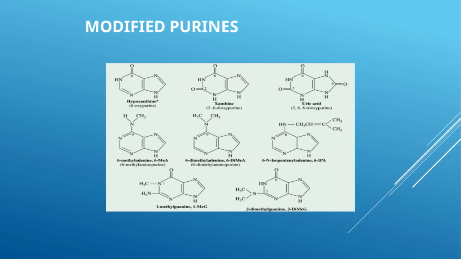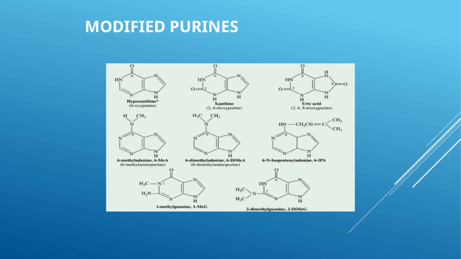Let's take a closer look at modified purines. These are interesting because they illustrate how purine structures can be altered to serve different biological functions. Modifications often occur in metabolic pathways and can influence how purines are utilized or broken down. Understanding these modifications helps us better grasp the complexity of nucleic acid chemistry and the regulation of nucleotide pools in cells.